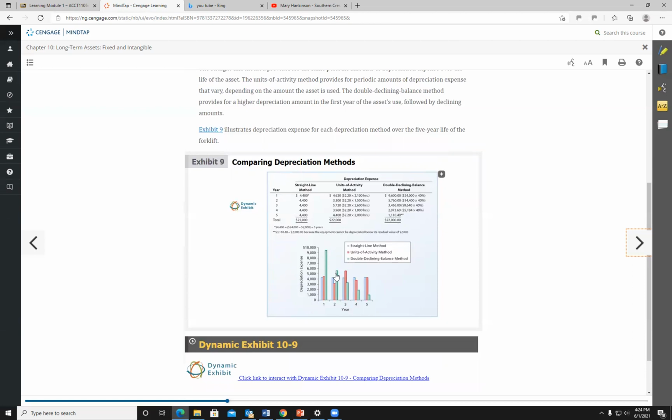So you can see how the amount you depreciate each year declines as the book value of the asset declines. And then the units of activity, as you can see, is variable, and that is all based on how much that asset is used, whether it's hours used, miles used, or number of products produced.